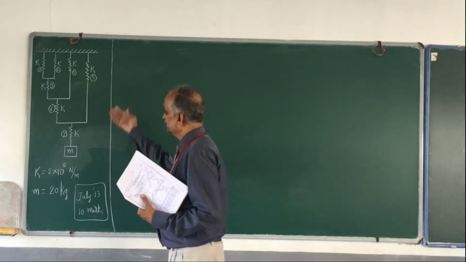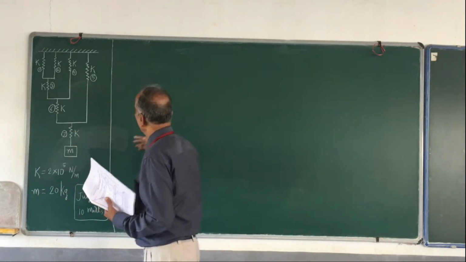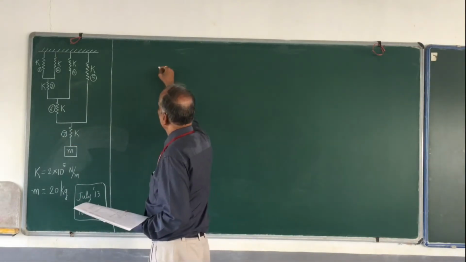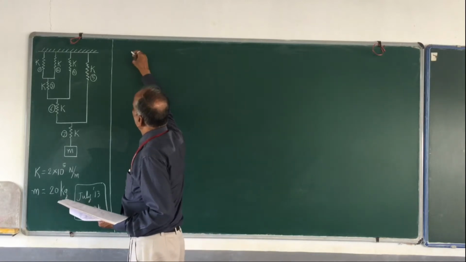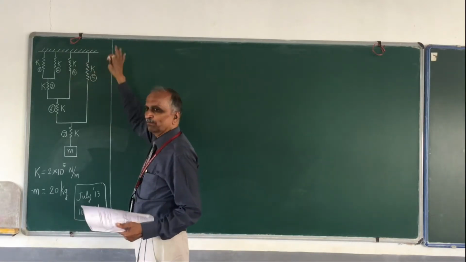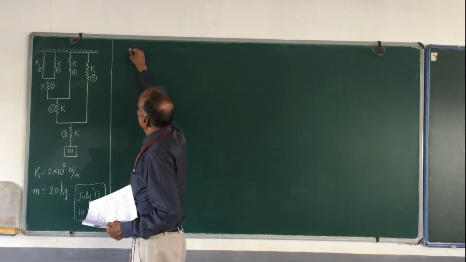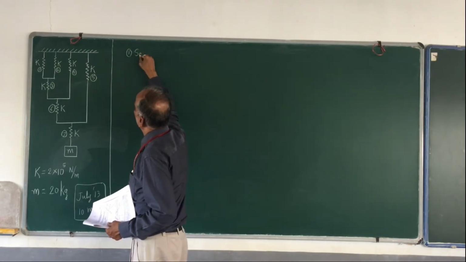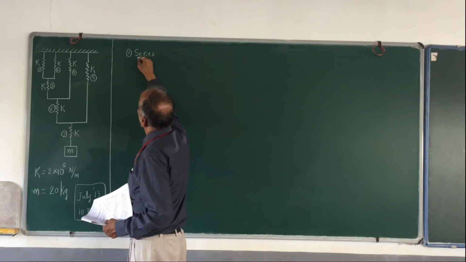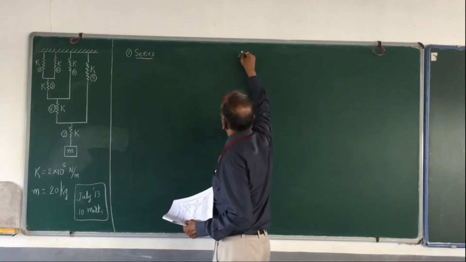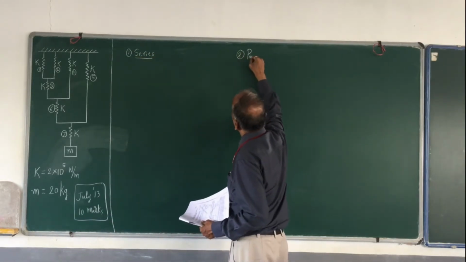Then I shall tell you what we mean by series. When you have a number of springs, they may be arranged in 2 combinations: one is the series combination, the other is the parallel combination.